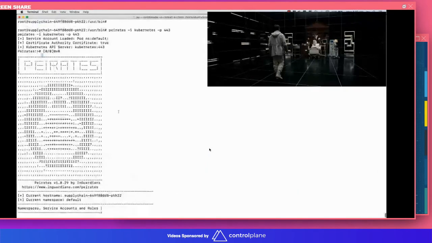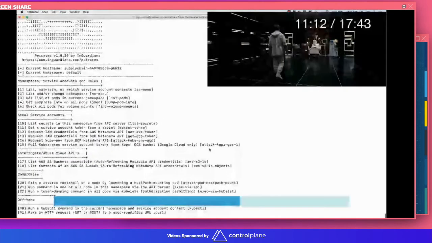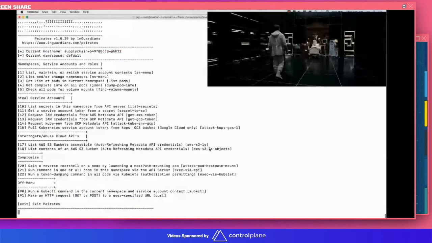And I'm just going to advance this a little more. So we have menu items. The idea in general is you're trying to pick up service accounts and then do things with them and escalate privilege. So I'm going to do some of these.